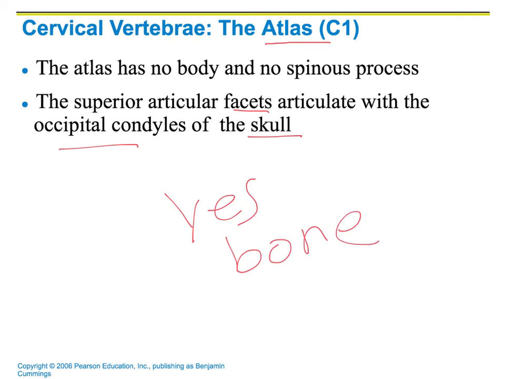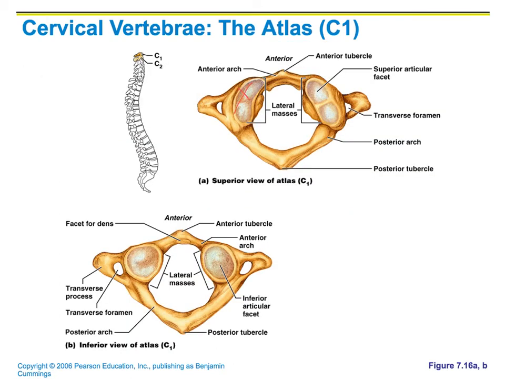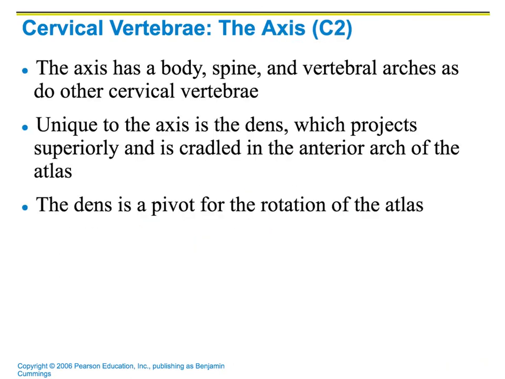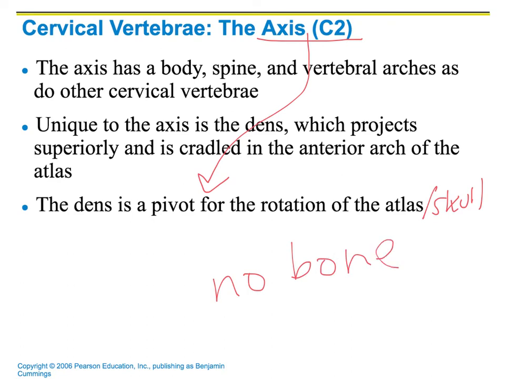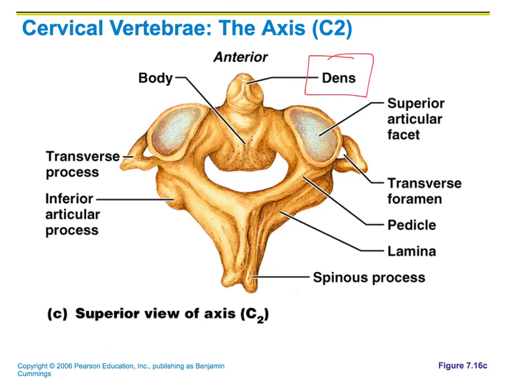When you nod yes, you are moving the skull on the facets of the atlas. C2 is called the axis, and it forms a pivot for the rotation of the atlas and the skull when you shake your head no. The pivot forms around this structure, which figures prominently in the axis.